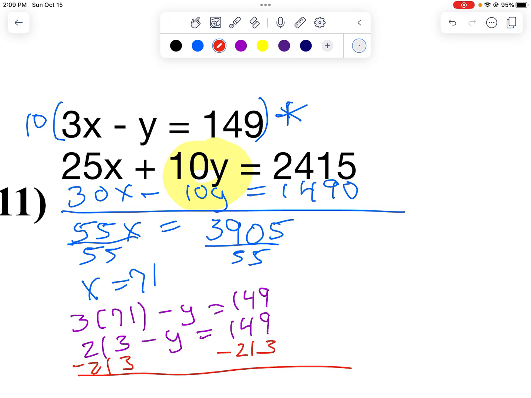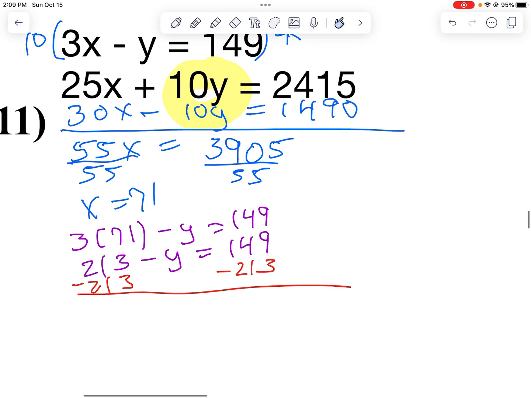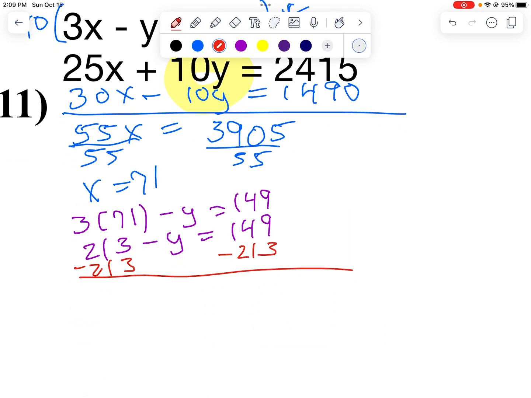And then we get negative y equals 149 minus 213. 13 minus 9 is 4. 14 minus 4 is 10... 10 minus 4 is 6, equals negative 64. So y is positive 64.